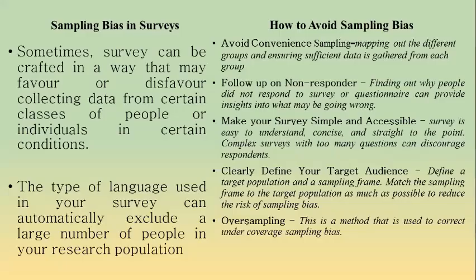Now let us see sampling bias in surveys. Sometimes a survey can be crafted in a way that may favor or disfavor collecting data. How can that be done? Sometimes it is as basic as the language in your survey, which can automatically exclude a certain section of the people. For example, you want to study literates, semi-literates, and illiterates.